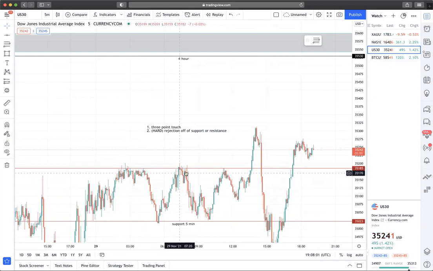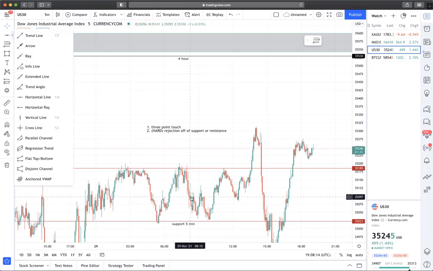Wicks, wicks, wicks, long wicks. So it tried to go for a buy. It couldn't. It pushed off the resistance area and pushed down. At that point, I would have got in for a sell, and I would have sold to the support area.